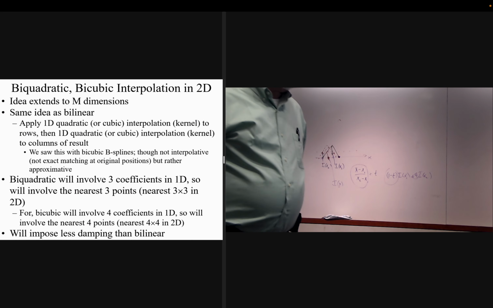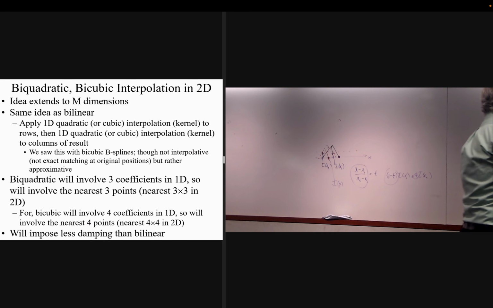Okay, so the general idea is that we can do these polynomial-based interpolations, linear, quadratic, cubic, essentially by adding more and more nearby points for the interpolating function. And we get more work, harder to do, less damping as we increase the order of the polynomial.